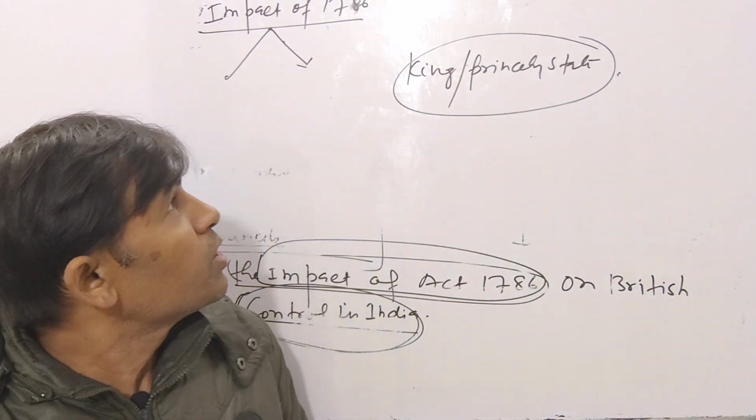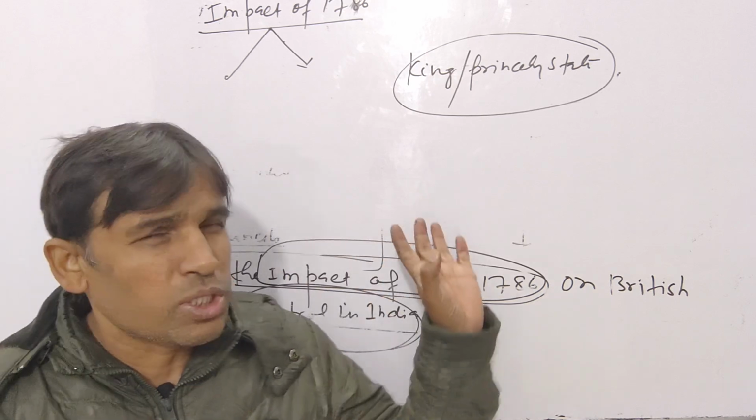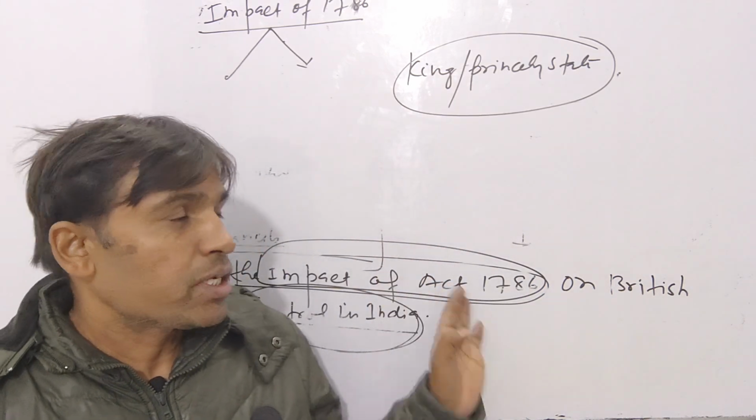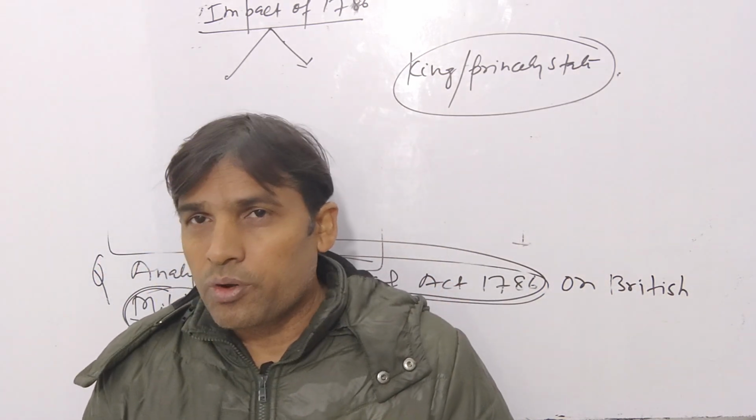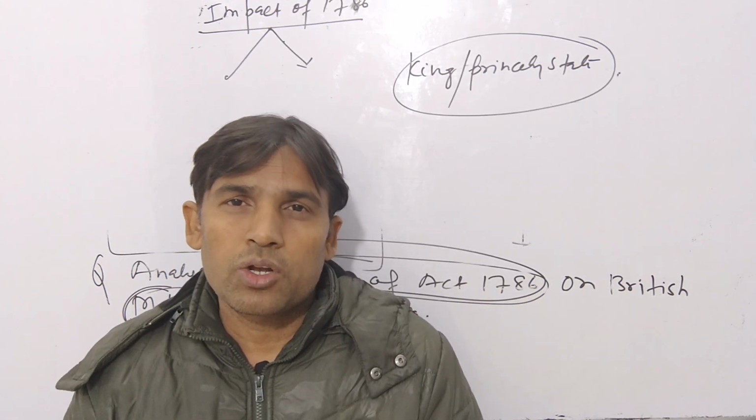In this video I think there was not too much to be discussed, but in the coming sessions, starting from the Charter Act of 1793 and so on, we will discuss a lot.